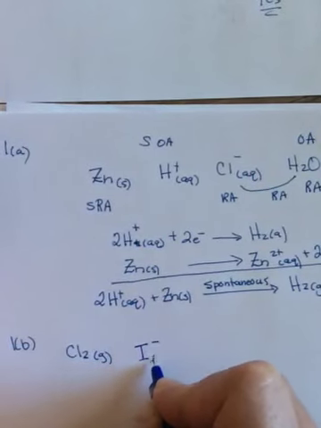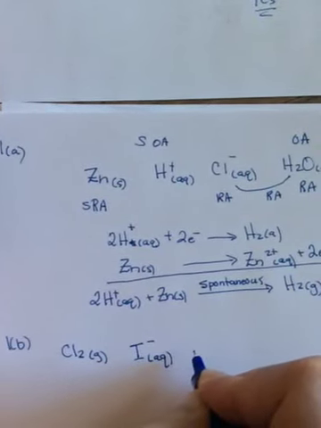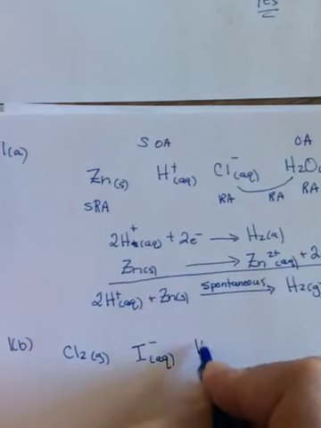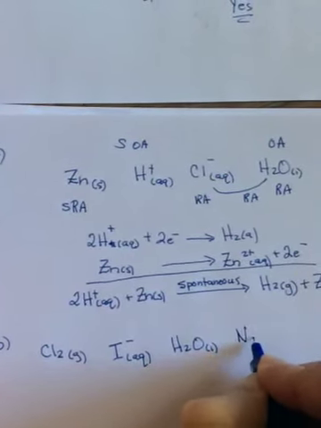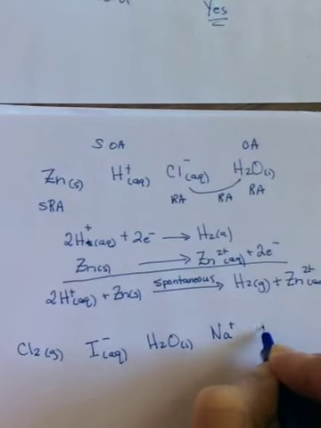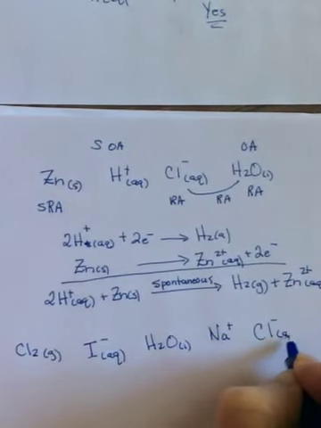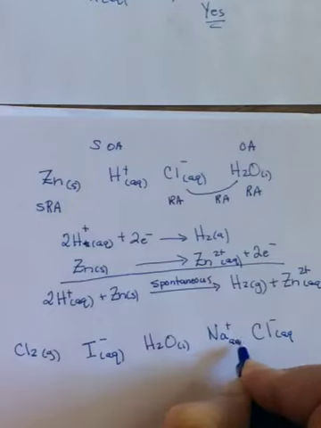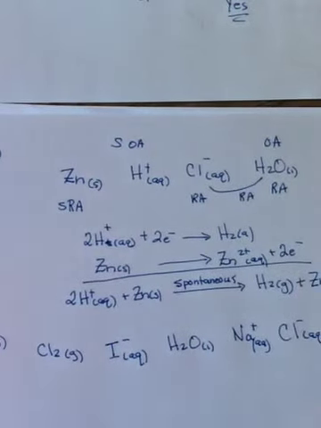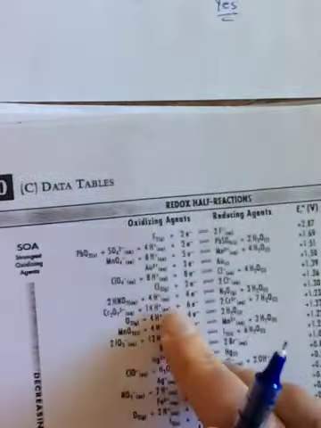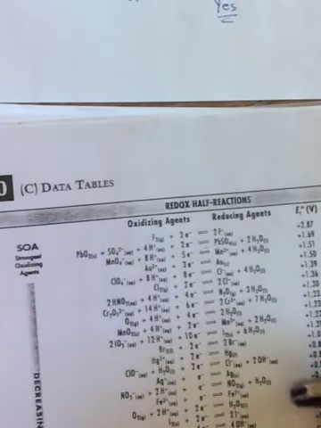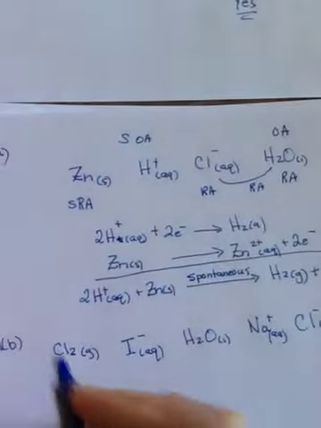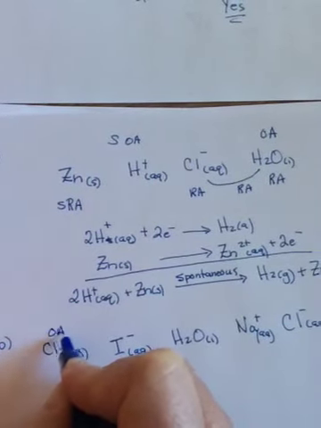So there's iodide ions, and it's seawater, which means there's water, and seawater is salt water, so NaCl. Cl2, when you look on the chart, it's up here at the top. So it is an oxidizing agent, OA.